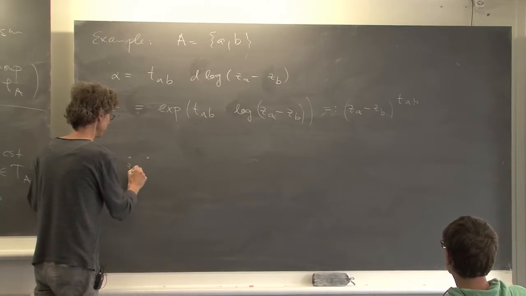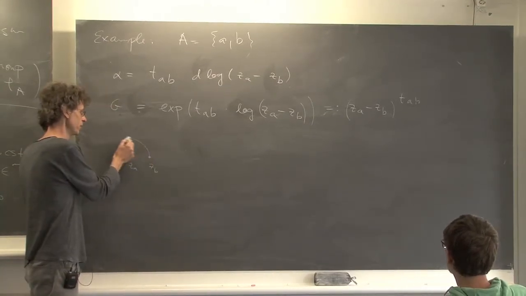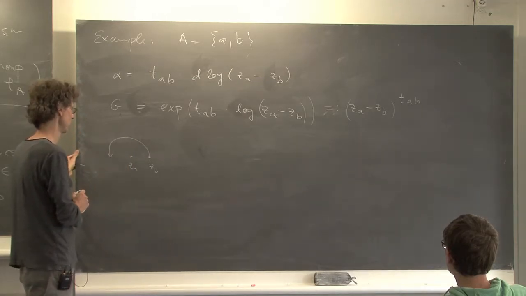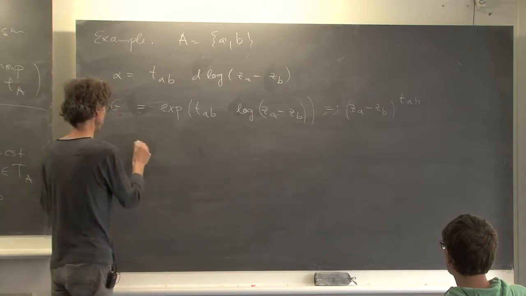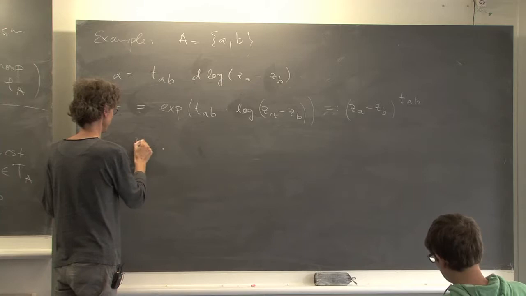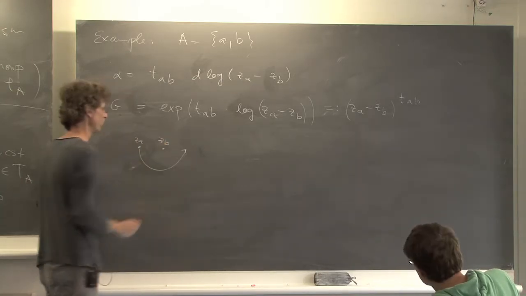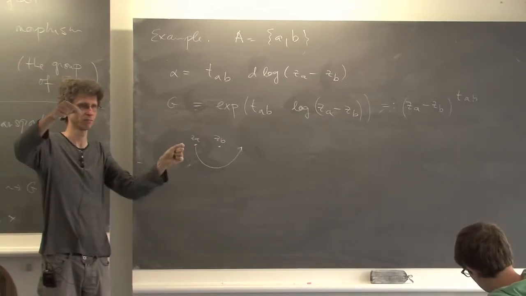Okay, anyway. But what now happens if we take this ZA and ZB, and we go with the ZB around ZA, or the other way around, doesn't really matter. We go like this, or we simply just exchange those ZA and ZB. We make this turn.